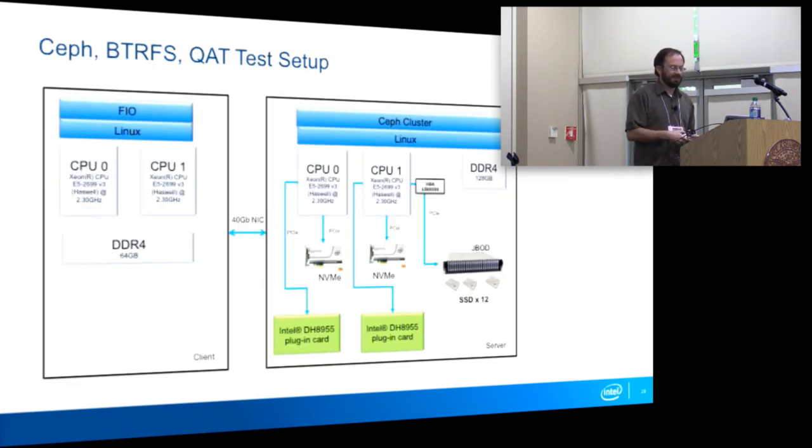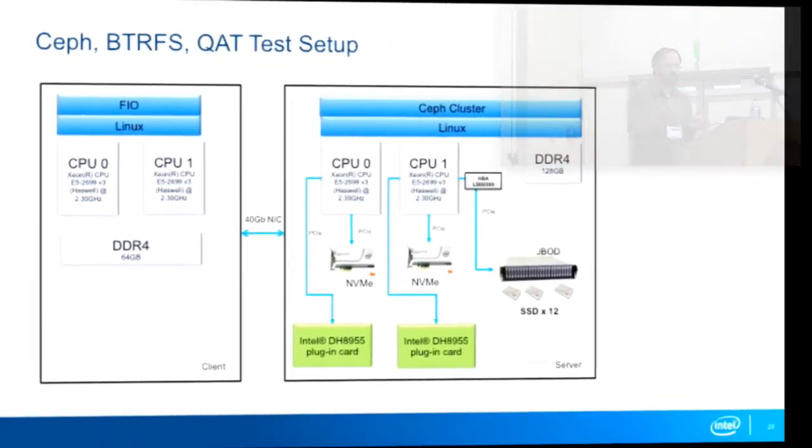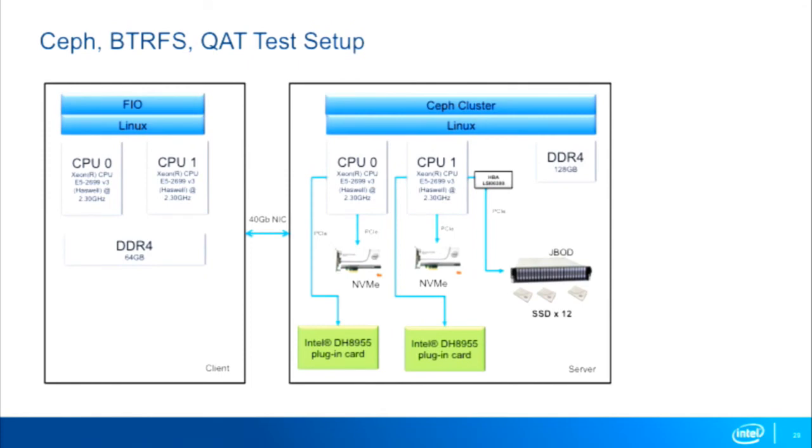So this is a bit about their setup. What they did is they took a storage Ceph cluster. They took a JBOD with 12 SSDs and 2 NVMe drives, and then they were stressing this with another system over a 40 gig NIC link. And then FIO was used to generate traffic.